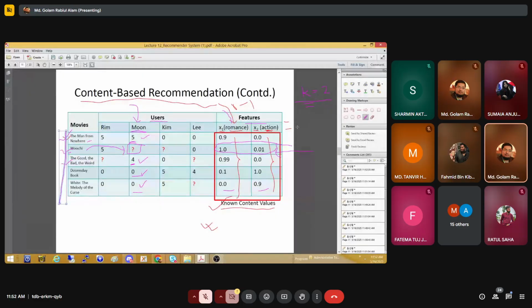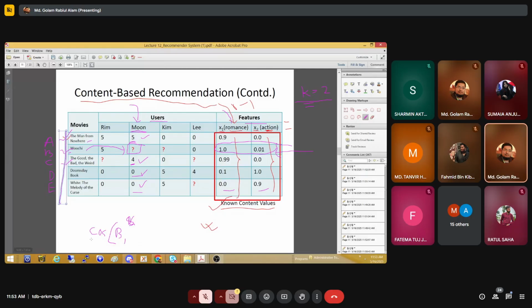So here we need to measure the similarity. Maybe you can say we want to apply the cosine similarity for that. If we consider this movie to be movie A, this is movie B, this is C, this is D, and this is E. We want to find out whether we will recommend B to Moon or not.